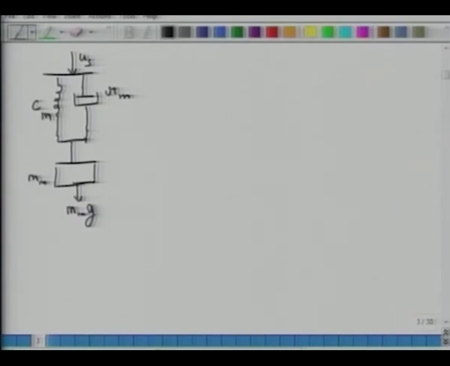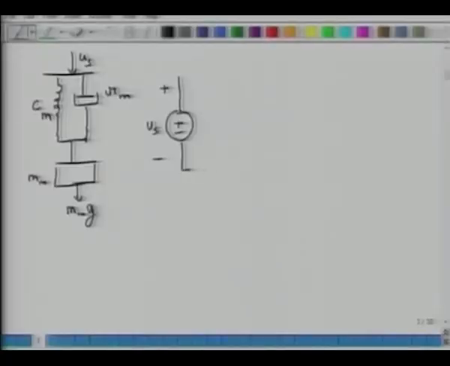So if I have to construct an equivalent electrical circuit, then what I will do is I have a voltage source which is us. Then I also have a moving mass mm, and in some of the earlier lectures we had said that moving mass always refers to an inertial frame, which in electrical engineering translates to a ground line.